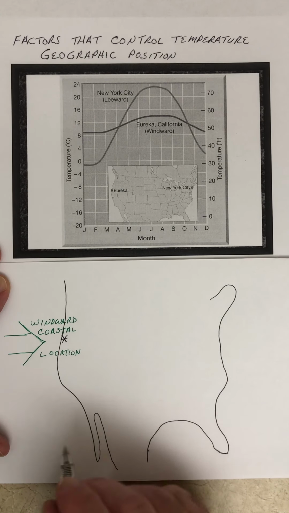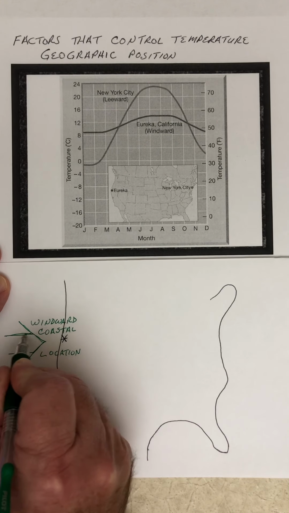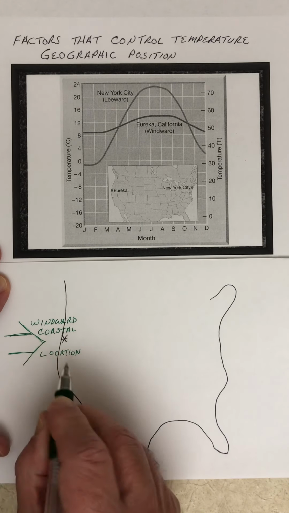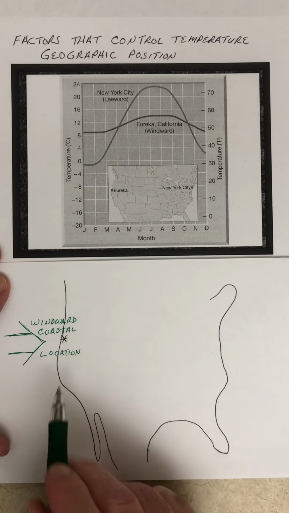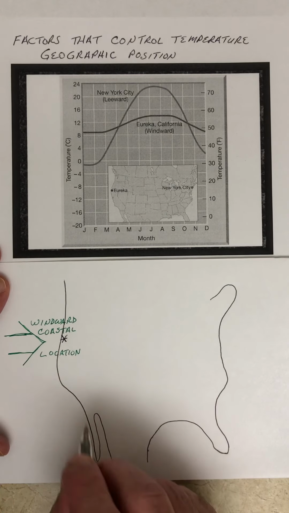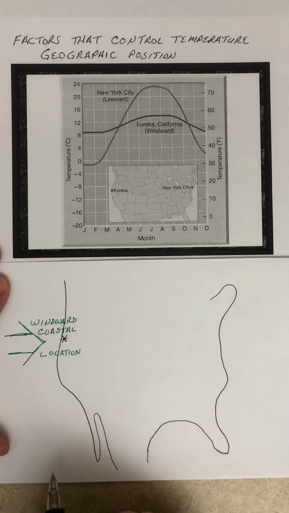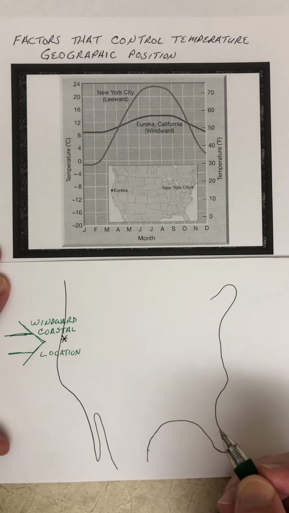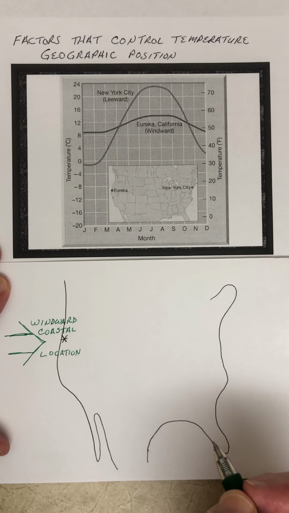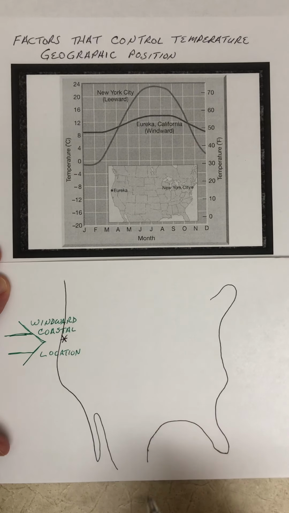And it has a high specific heat. So all of those things mean that when this air reaches the coastline, it's going to have what's called a moderating effect on temperatures on the windward coast. So you're going to have cooler summers, generally speaking, and warmer or more mild winters compared to other locations at the same latitude.